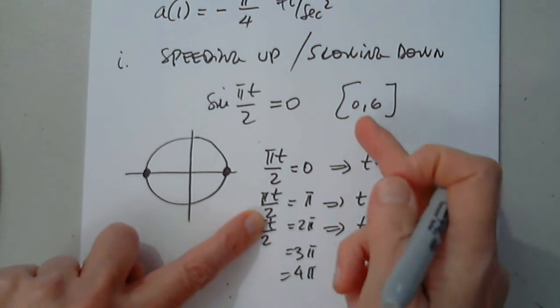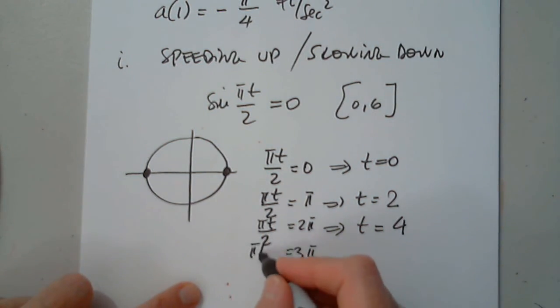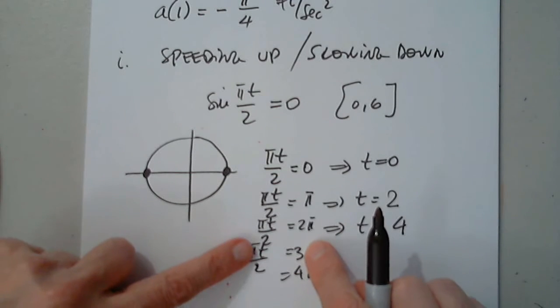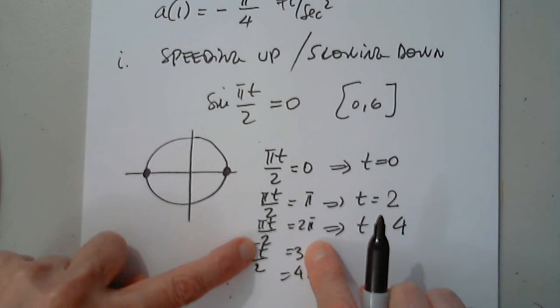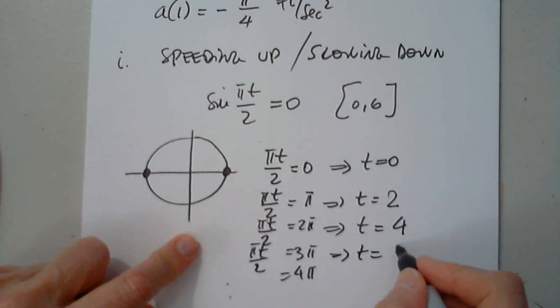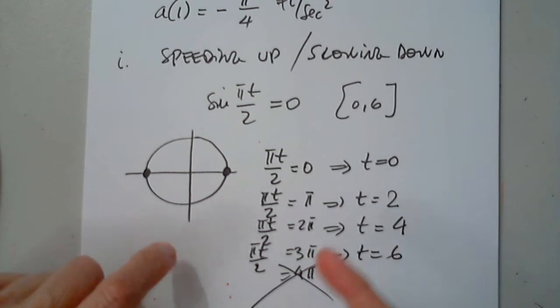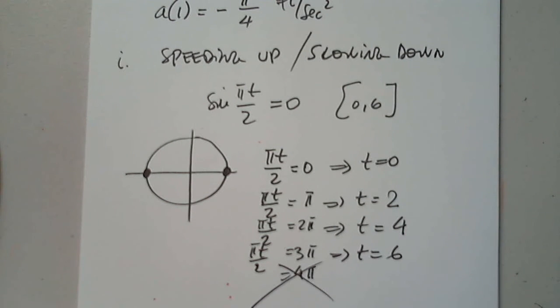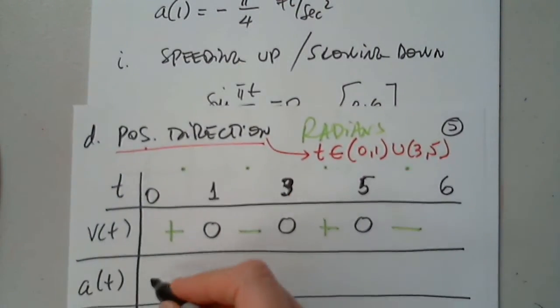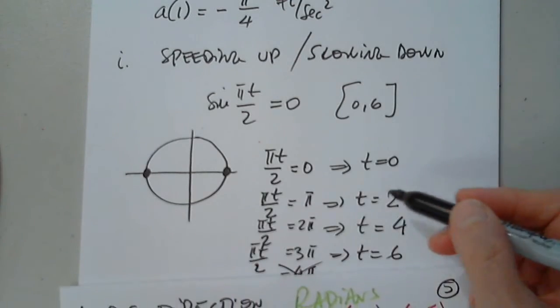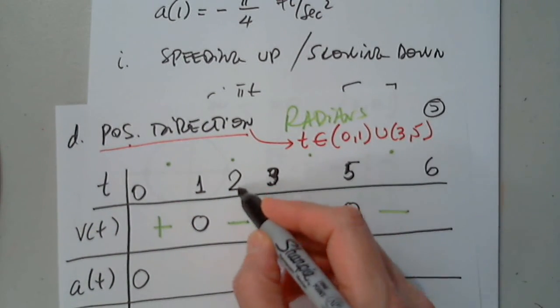Excellent. Still not. Okay. Pi t over 2 equals 3 pi, so t is 6. Very good. So this is not needed. It's beyond 6 seconds.